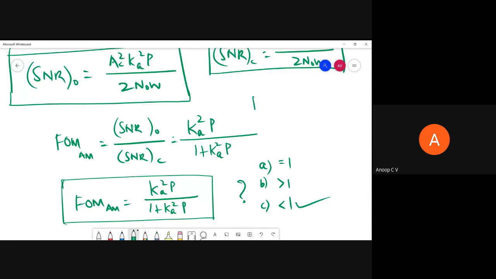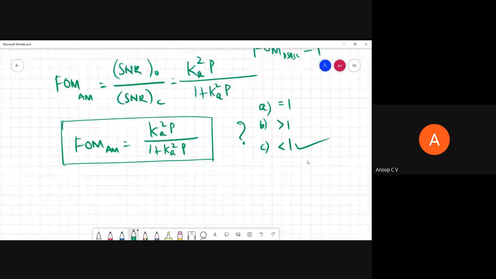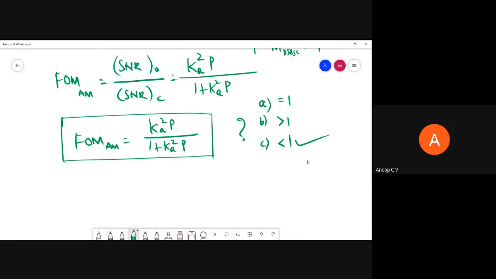Compared to this, the figure of merit of DSBSC was always equal to 1, but the figure of merit of standard AM is always less than 1, which means the noise performance of standard AM is worse than that of DSBSC.